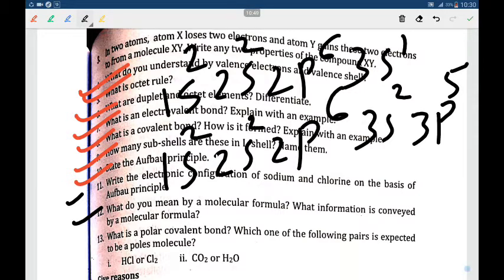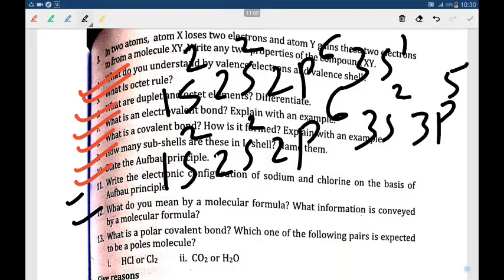What do you mean by a molecular formula? What information is conveyed by a molecular formula? So we have to define molecular formula. What is the definition?